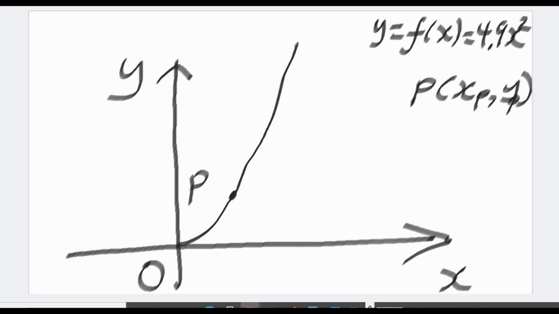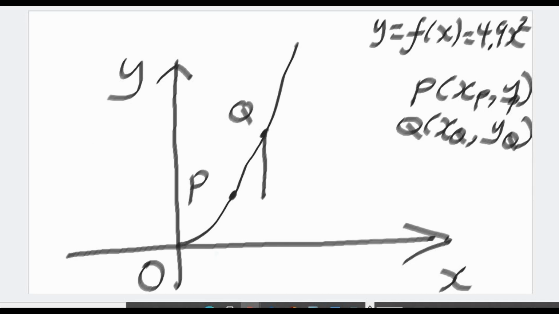Now let's pick another point Q also on the parabola with coordinates xq and yq. What we're doing now is basically finding the change in y or delta y over change in x or delta x.